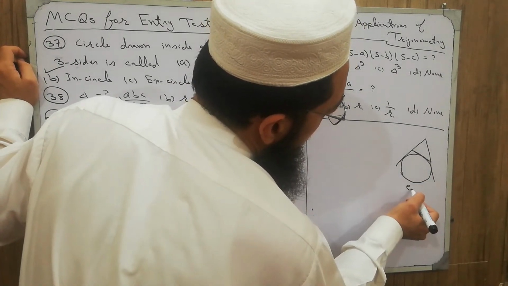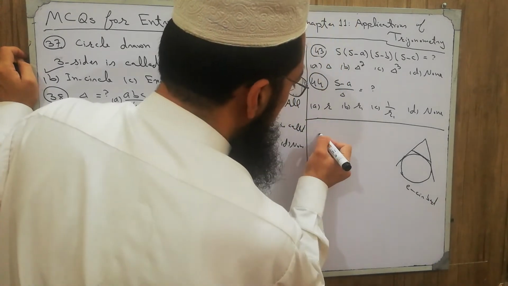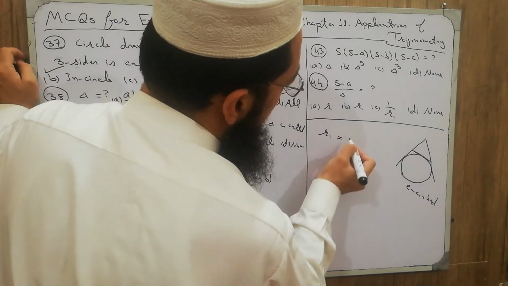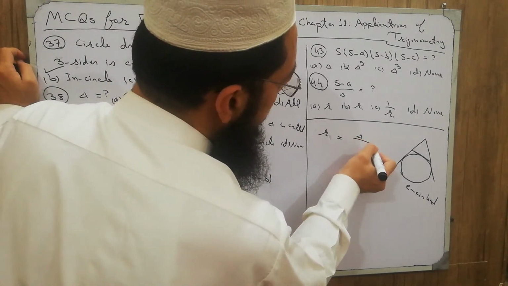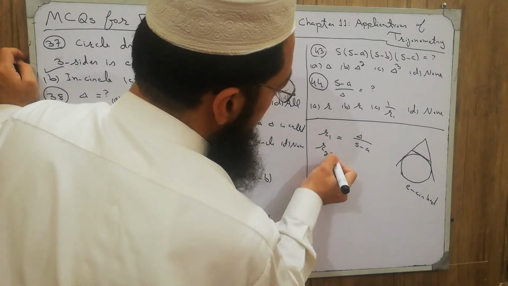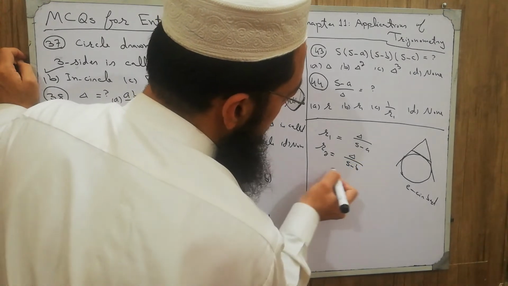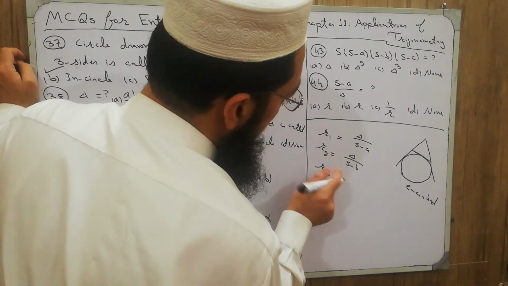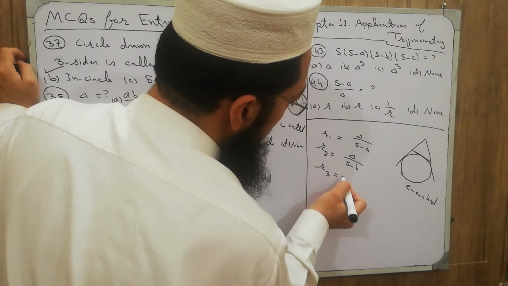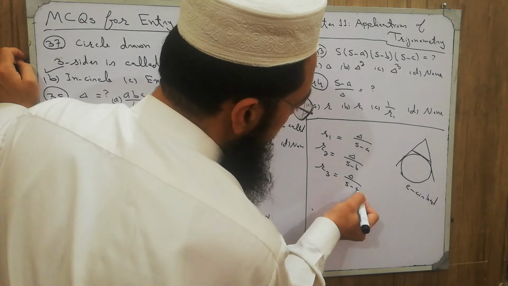This is called an excircle or escribed circle. Radius of escribed circle opposite to side A is r1 equal to del divided by S minus A. Opposite to side B it is del divided by S minus B. And opposite to side C it is del divided by S minus C.